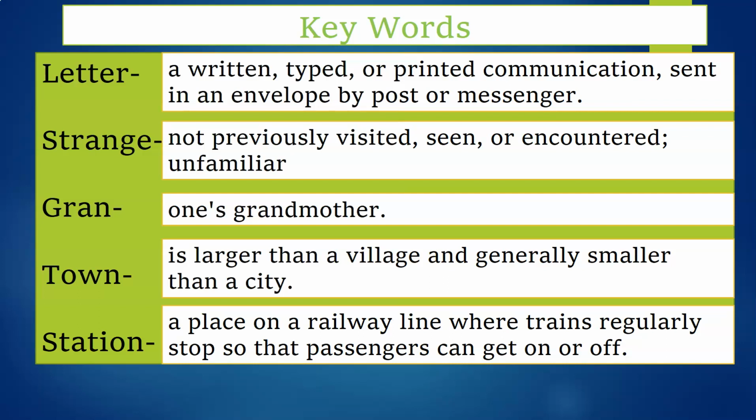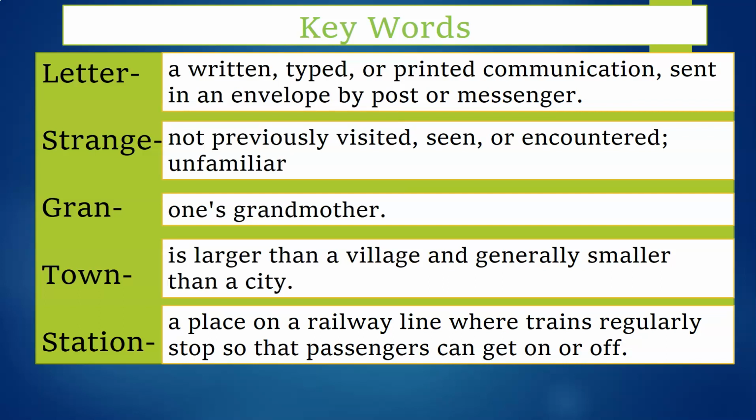Here are the keywords that you may encounter while reading the text today. First, we got letter. It is a written or typed or printed communication sent in an envelope by post or messenger. Strange.